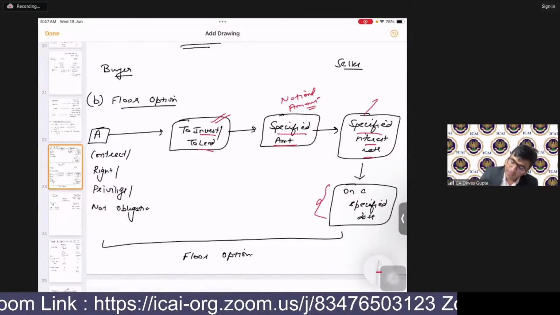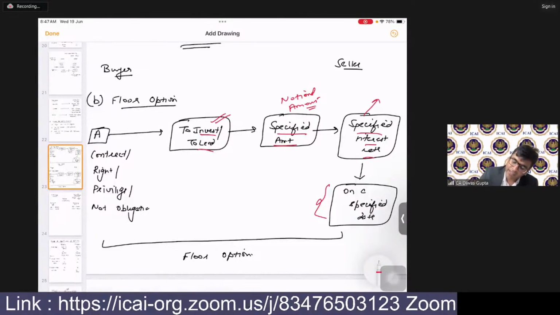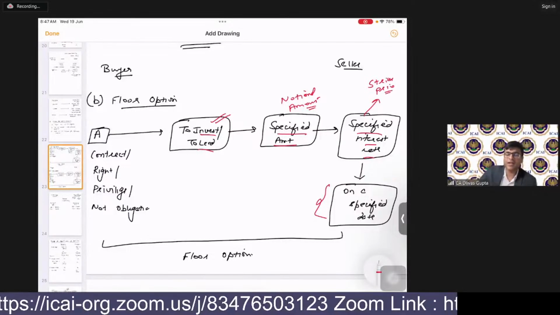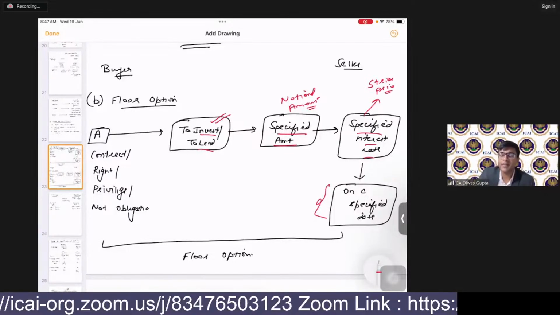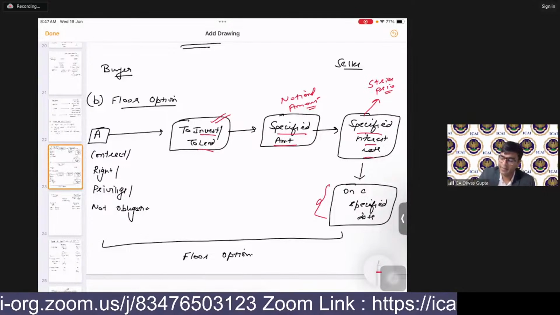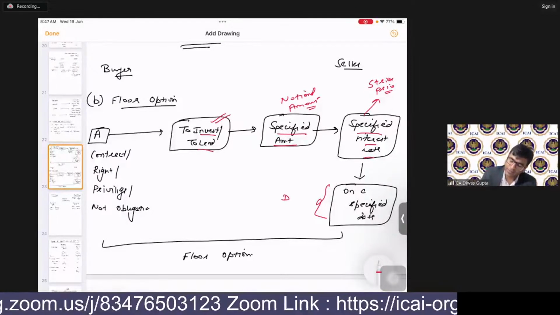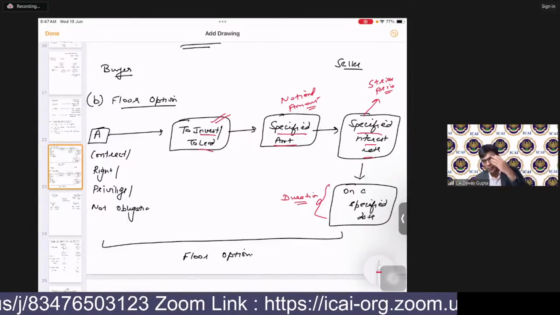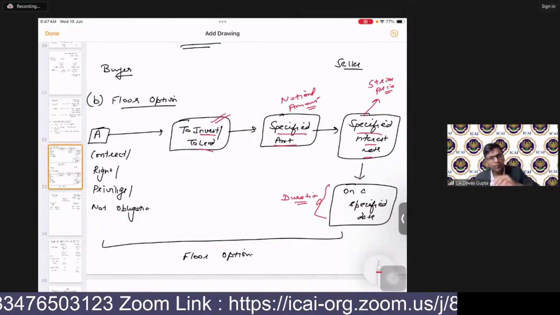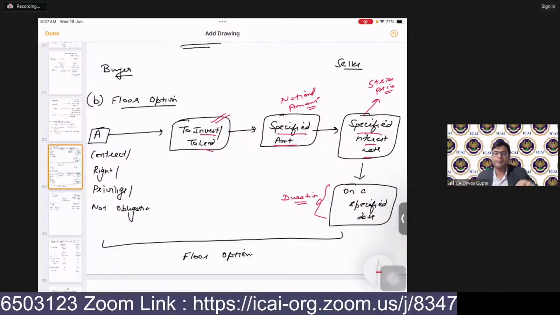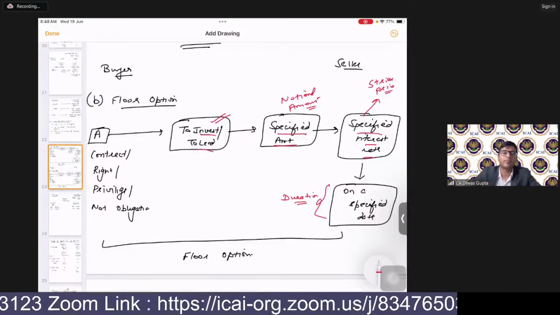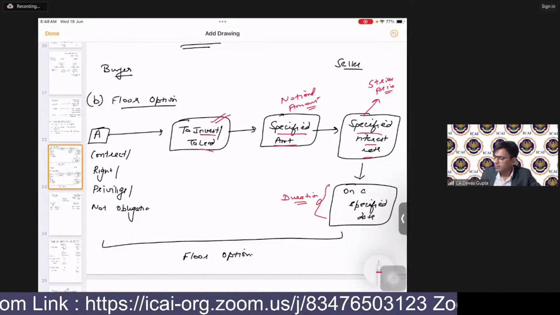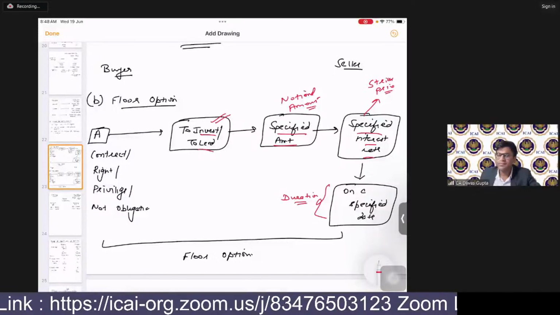Interest rate is the strike price equivalent number. We have discussed strike price, exercise price. This is that equivalent number, interest rate, and this is a duration. Is this clear, students?